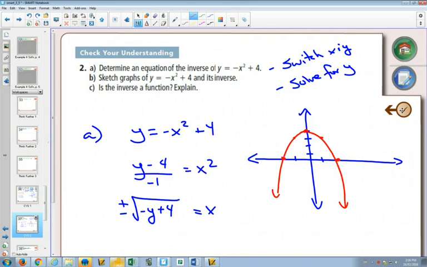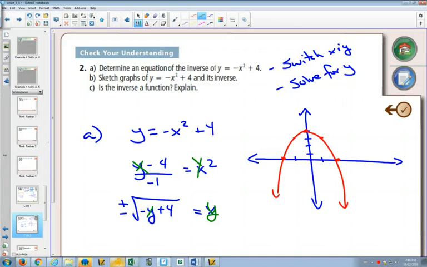Now, when I switched x and, sorry, did I switch x and y? No, I haven't done that yet. So I solved for x, but I forgot to switch x and y. Normally you switch x and y right at the beginning. So I could change all my y's to x's and x's to y's, change this to a y and this to an x and solve it, and then I'd get y equals negative x plus 4.